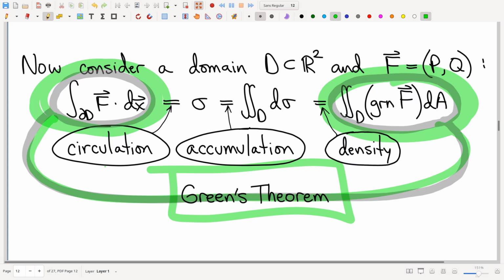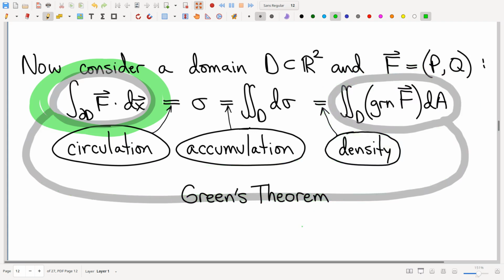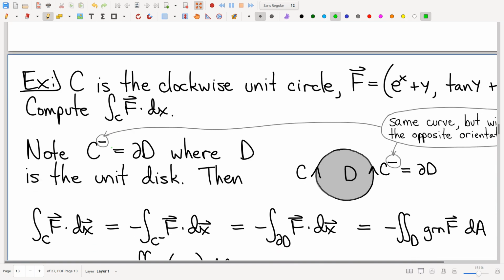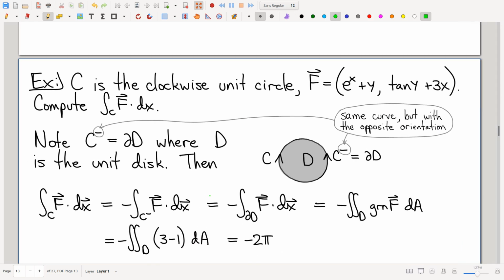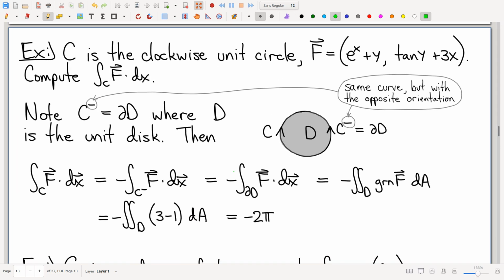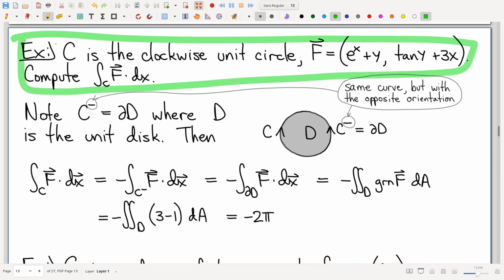So let's see an example of this in action. Got to zoom back in. Okay, there we go. Okay, so we want to compute this vector line integral right there. Now, notice, you're going to find that this is often the case, by the way, in vector calculus problems.